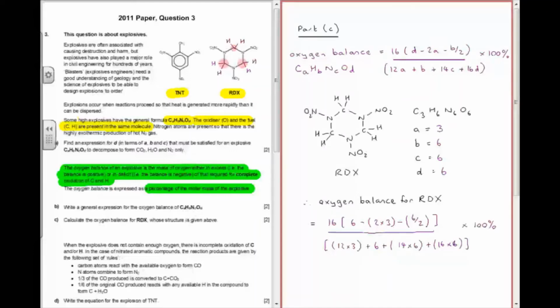And if we plug that sum into our calculator, making sure that we use appropriate brackets where needed, we end up with a value for the oxygen imbalance for RDX of minus 21.6%.